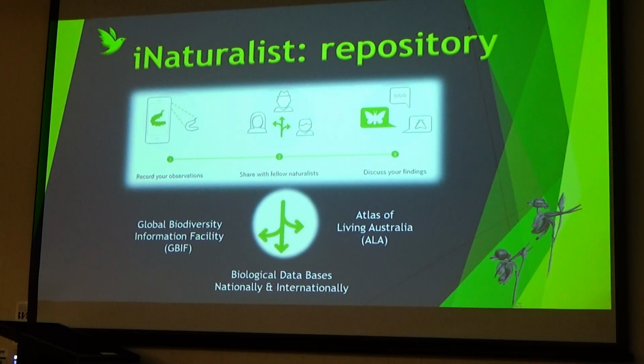So for us, we've got the GBIF, which is international, but also the Atlas of Living Australia, and I'm sure most of you will have heard of the Atlas. In fact, the Atlas has been renamed as iNaturalist Australia. So they have their own portal, I think? Not quite sure of the right word there.